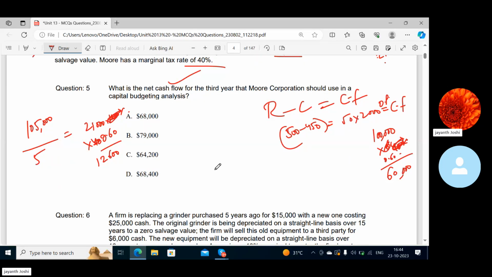So we aren't getting the answer, right? Just a second. So 72,600 I'm getting. See, 1 lakh we got. Depreciation tax shield is 21,000. So the depreciation tax shield is 12,600.